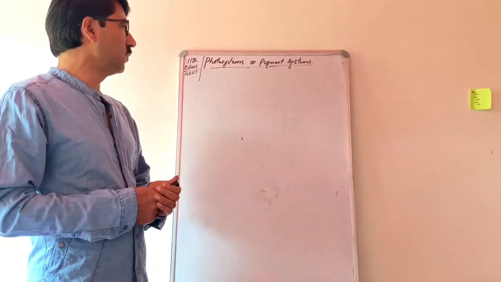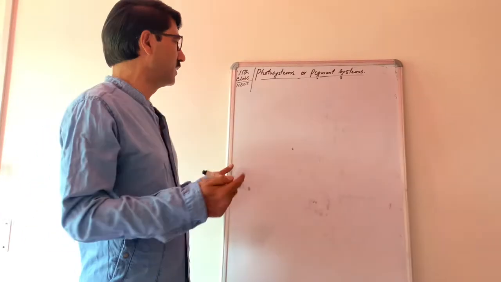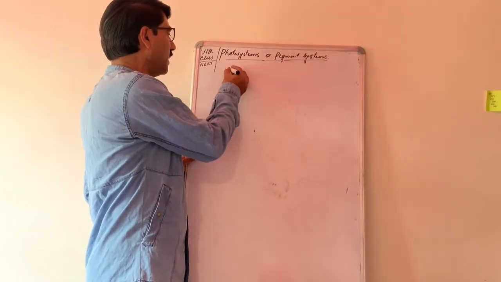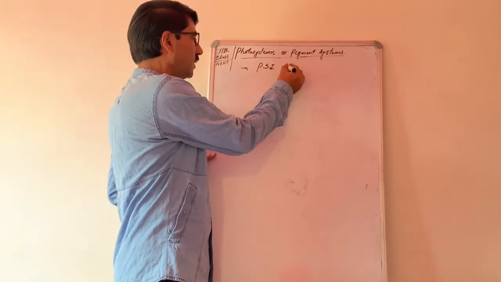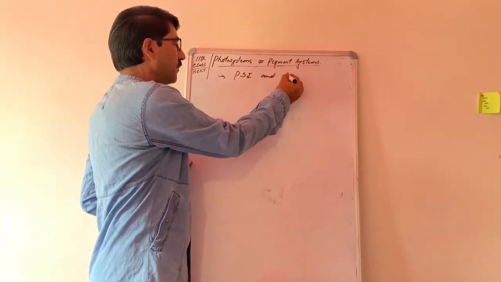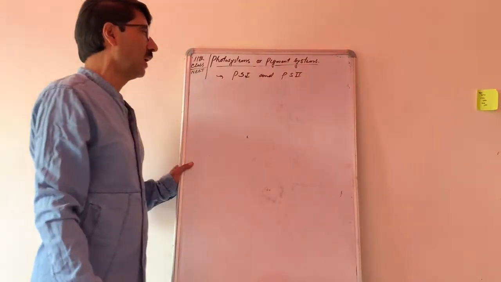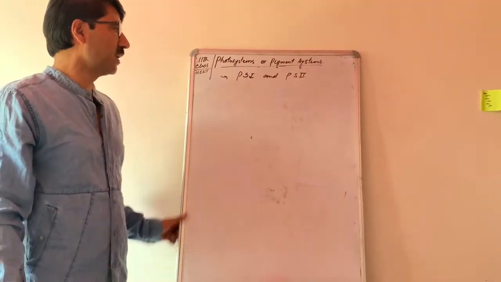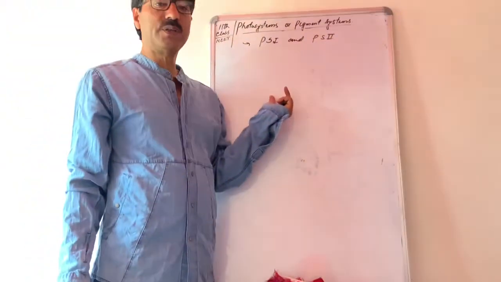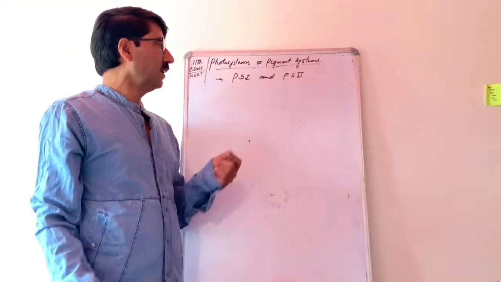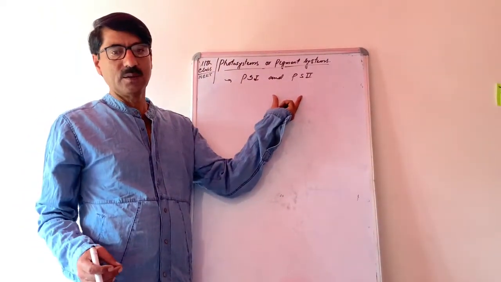These have been named as photosystem first, that is PS first, and PS second, that is photosystem second, only in the sequence in which they were discovered, not in the sequence in which they are functioning.